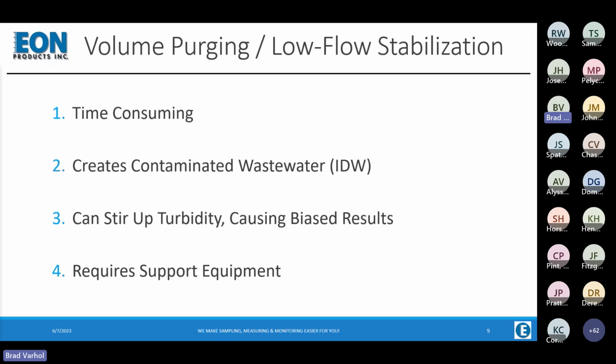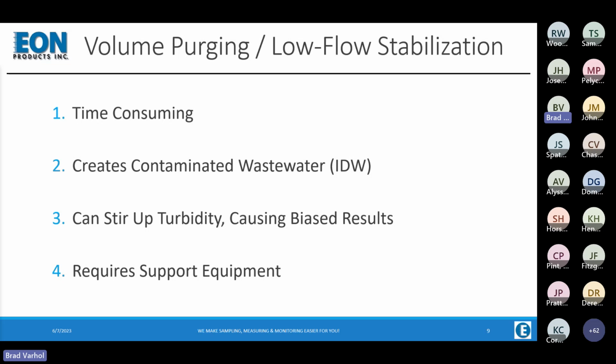And every time I mention contaminated wastewater and you think about that, I'd like you to think about PFAS, because today's contaminant of emerging concern, PFAS, or Teflon-related compounds, we don't have a good solution for how to cost effectively and time effectively remove them from the groundwater. So if we are creating contaminated purged water with PFAS, we really have something to think about in terms of disposal.